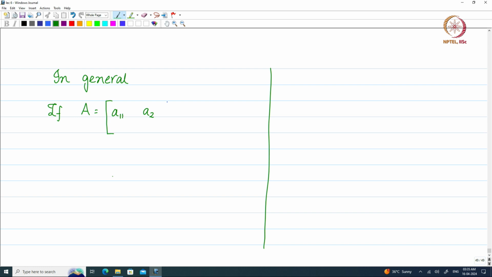I will write this as A11, A12, A21, A22, and let us call this vector A1 as A11, A21 and the vector A2 as A12, A22. Now what are we looking for?